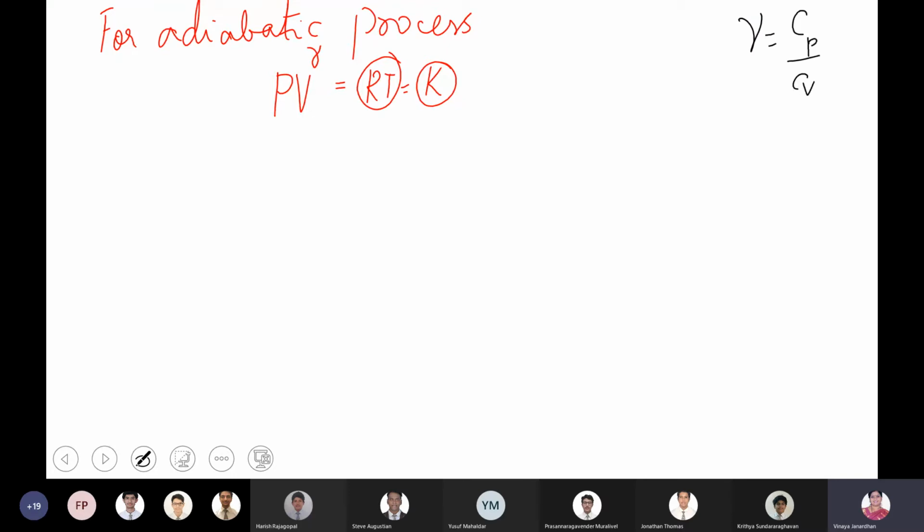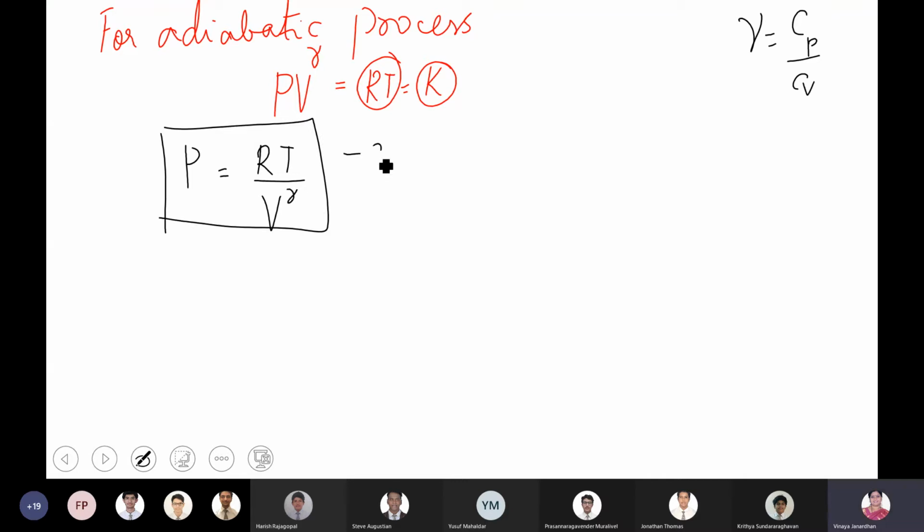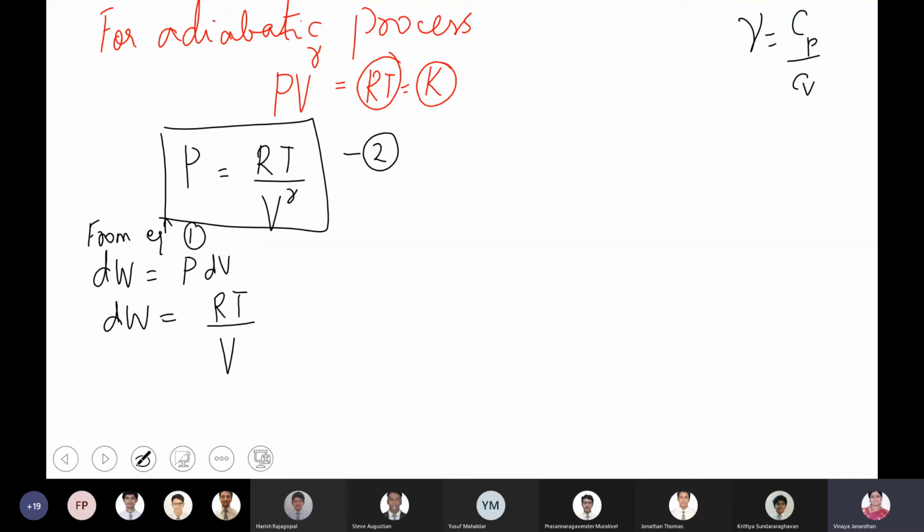Now what is the value of P now? P becomes equal to K by V to the power of gamma. So make this as equation 1. Your previous equation dW was equal to P dV. So in dW I have to substitute for P. So it is K by V raised to the power of gamma dV. How will I write this? RT I can substitute as K, correct?